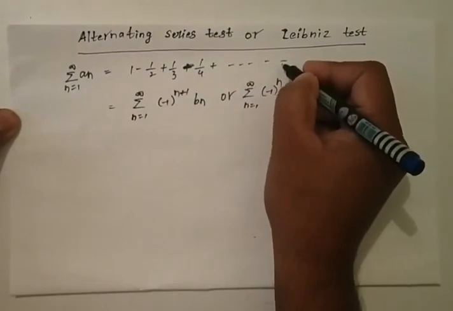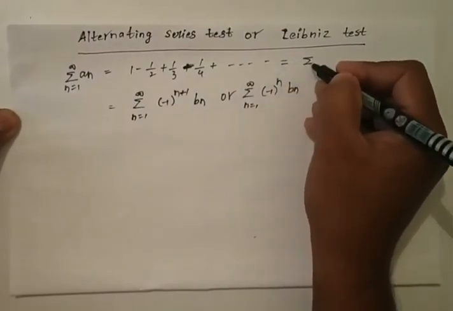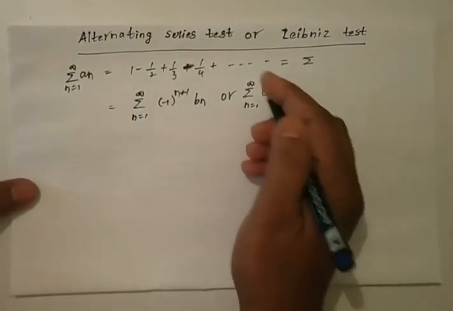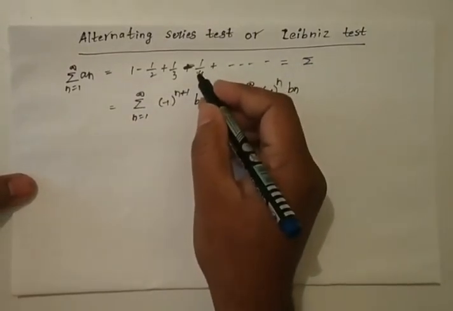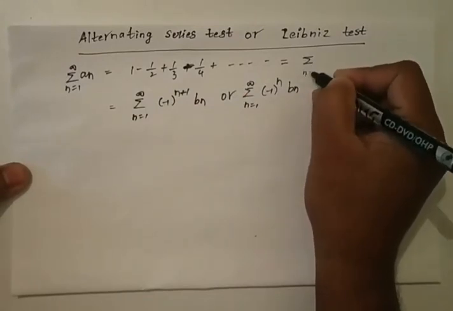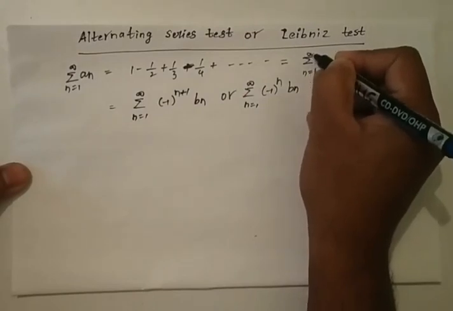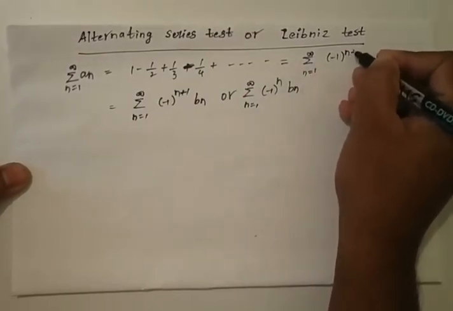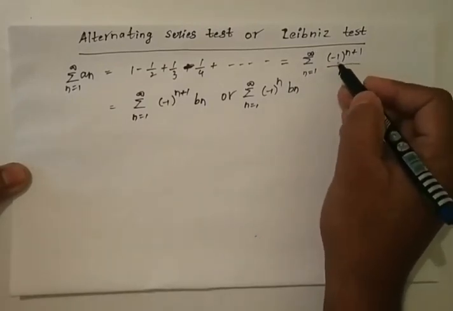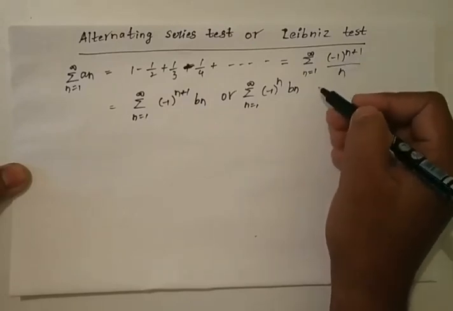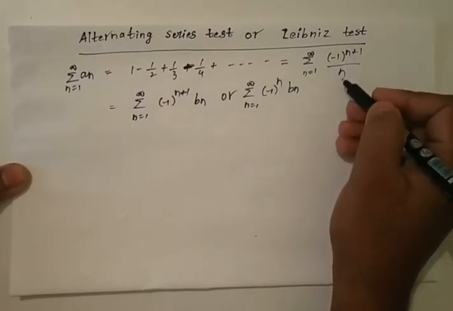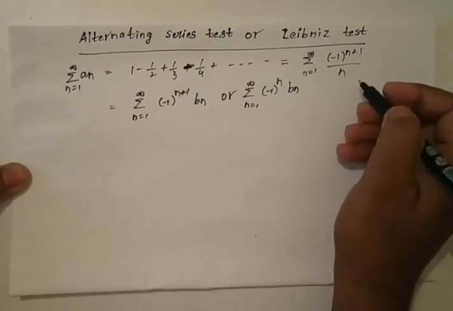This series can be written in the form of summation n equals 1 to infinity of minus 1 whole power n plus 1 by n, because for n equals 1, minus 1 whole power 2 plus 1 by 1 is nothing but 1, and for n equals 2, minus 1 whole power 3 plus 1 by 2 is nothing but minus 1 by 2, and so on.